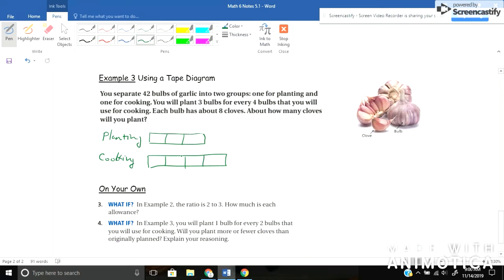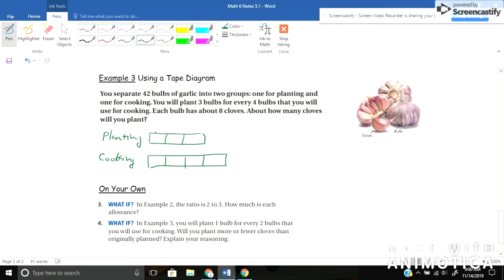Okay. Each bulb has about 8 cloves. So here's a bulb, kind of looks like an onion almost. And when you open that bulb, there are 8 cloves. Okay. That we don't need to know quite yet because we have our total and we have our tape. This information will come at the end because all it wants to know is how many cloves will you plant.